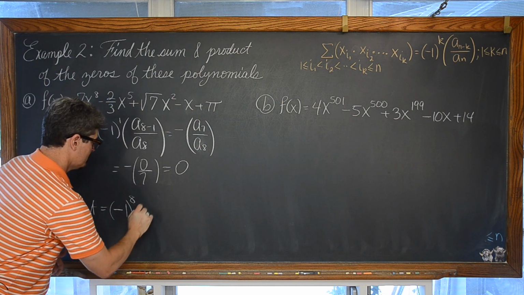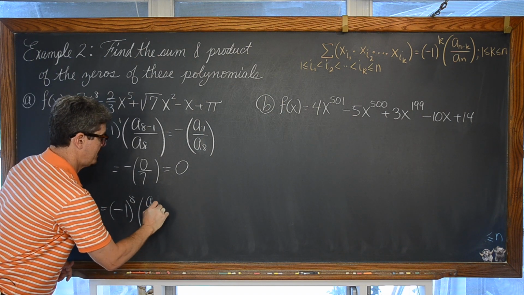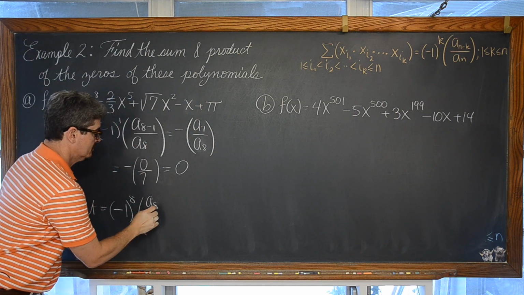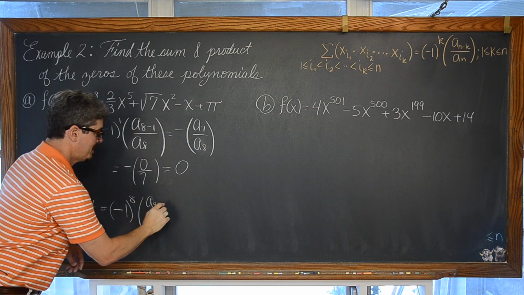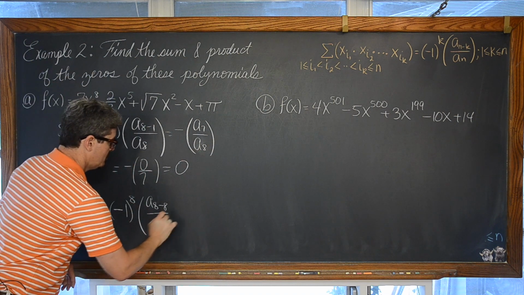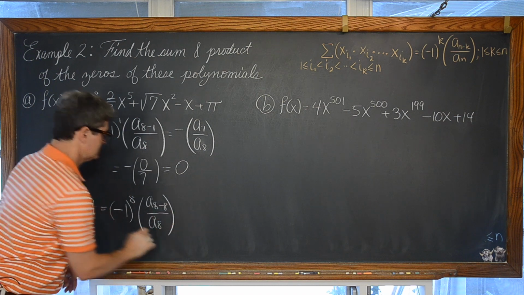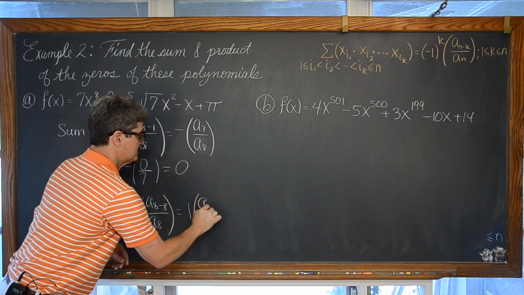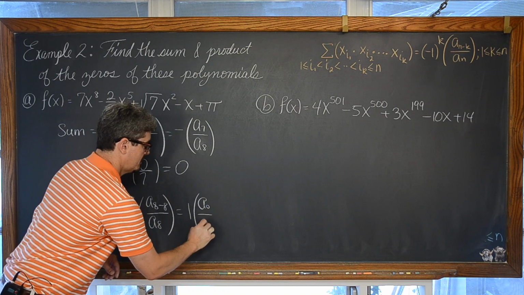And then we have times a sub 8, as n is the degree of our polynomial, here the highest exponent, minus 8, because we want to multiply all 8 roots together, over a sub 8. So we have positive 1 times a sub 0 over a sub 8.